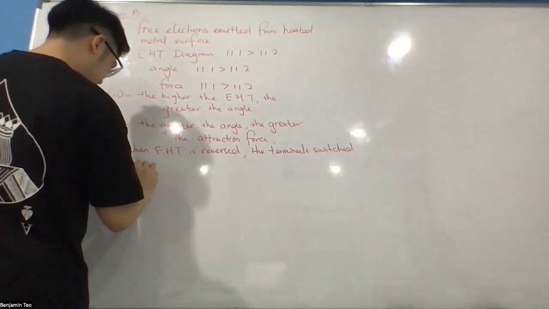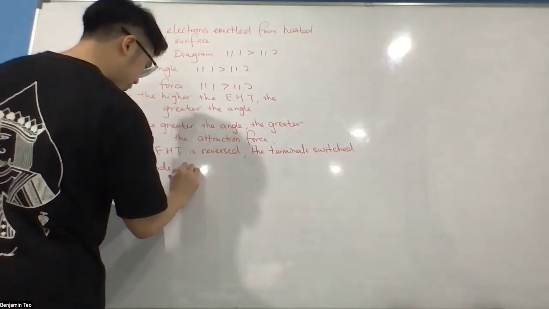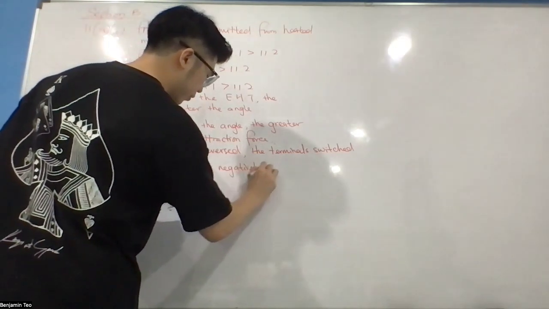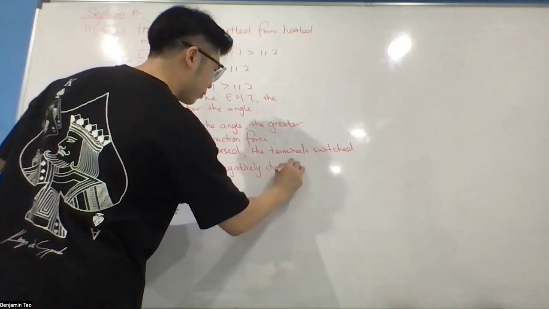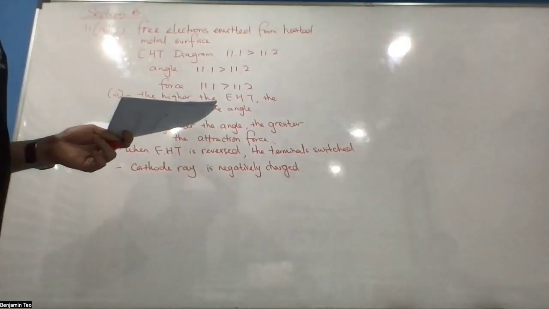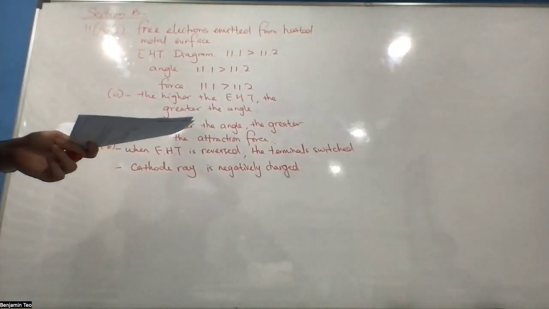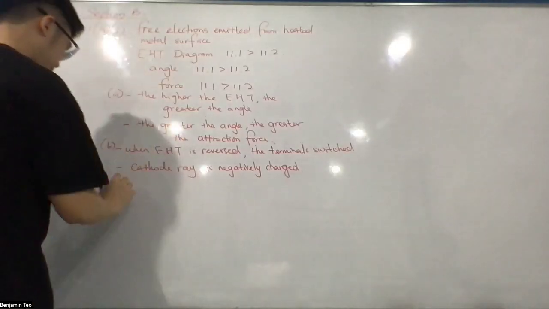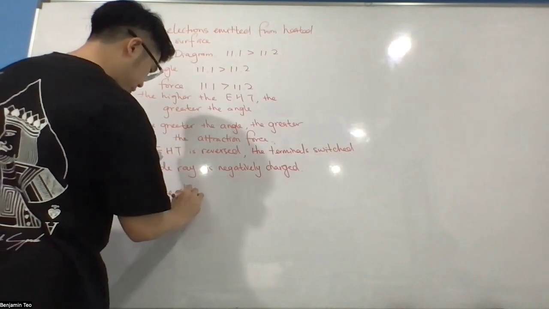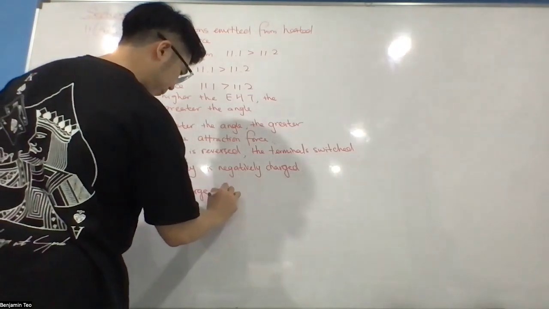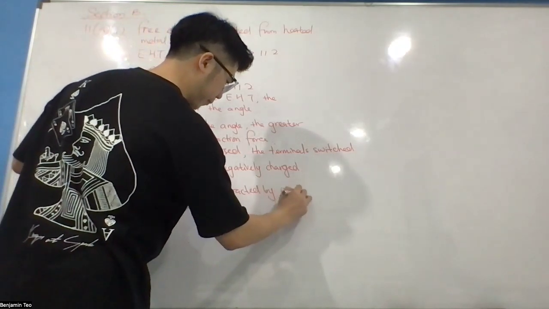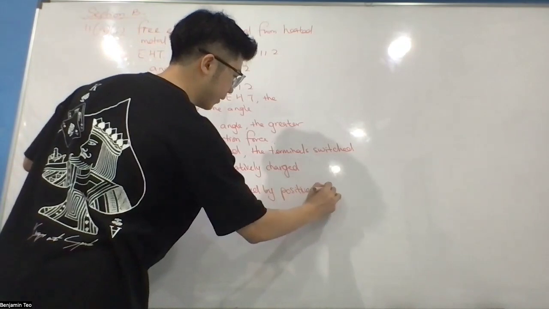Then you say cathode ray. What is cathode ray? Cathode ray is negatively charged. Cathode ray is electrons, they are negatively charged. Then negatively charged is attracted by the positive plate.